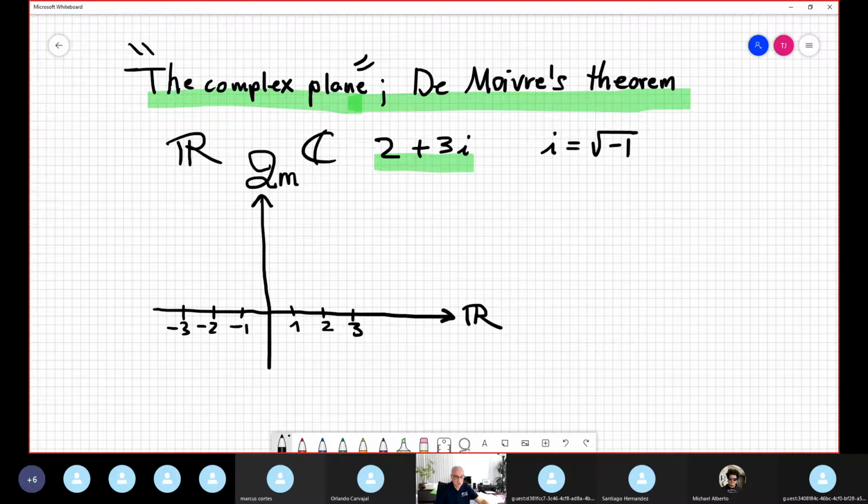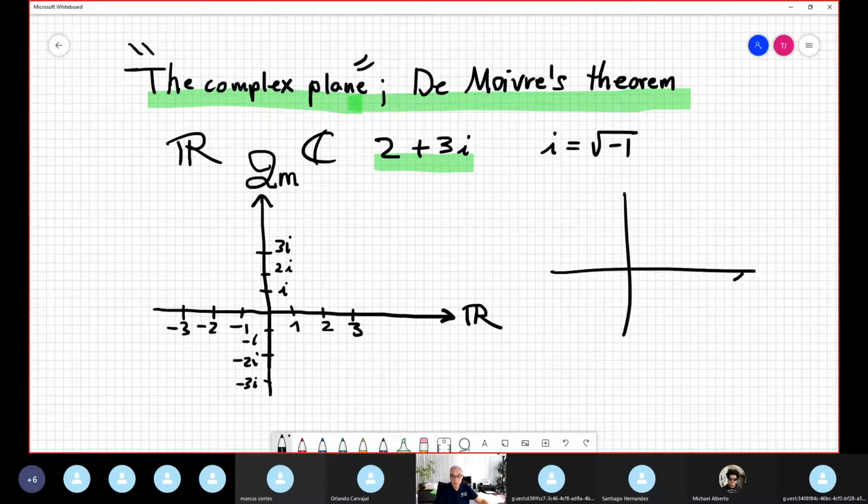And here in the vertical axis we have the imaginary: 1i, 2i, 3i, and so on. And down is -1i, -2i, and so on. This is not the traditional rectangular coordinate system.